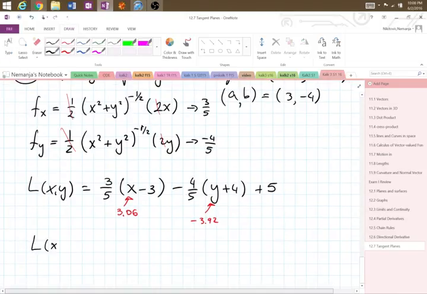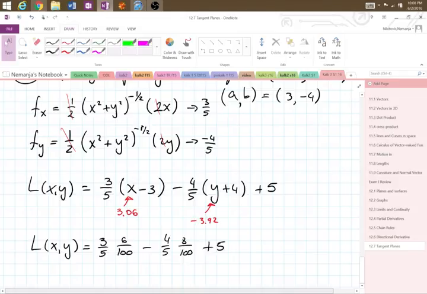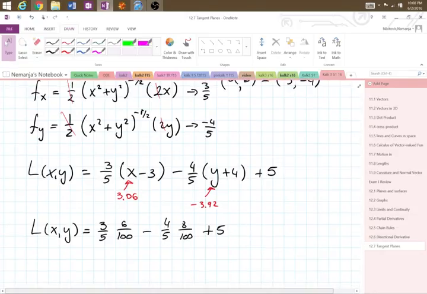Get L(x,y) to be 3/5 times, now this is going to be 0.06, so that's 6 over 100, minus 4/5 times 0.08, that's 8 over 100, and plus 5. Is this all good?